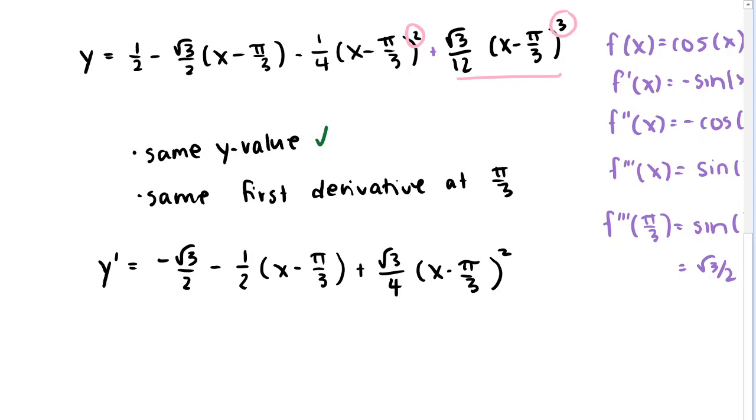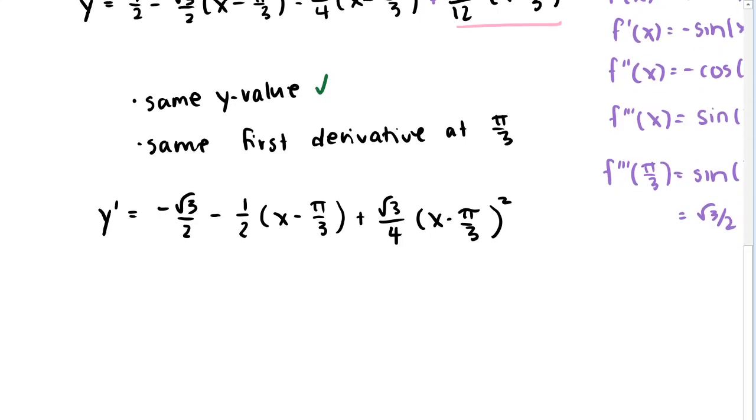Right? We bring down that exponent as a factor, and decrease that exponent by 1, but we still have that same inner function, x minus pi over 3. And then we have to multiply by the derivative of the inside, but again, the derivative of the inside is just 1. And so if we evaluate this at pi over 3, here all of these terms would cancel out, and we'd just be left with negative square root of 3, which was the value of our first derivative at pi over 3.